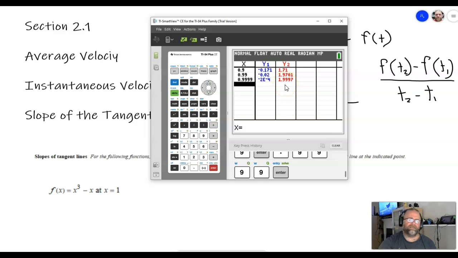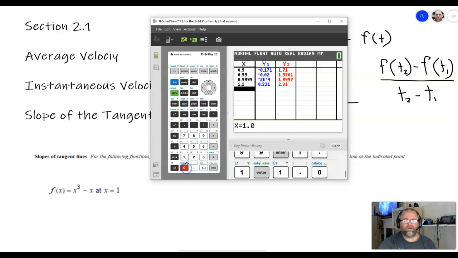Let's check from the other side. Let's check from the right side. So I'm going to start with 1.1. Notice I'm over 2 now, but I'm going to get closer to 1. I'm going to go 1.01. And notice I'm getting even closer to 2. And how about 1.001? Let's do one more 0 there just to be absolutely certain here.